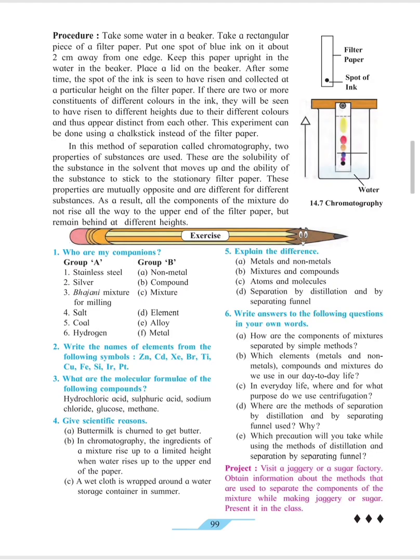At the same time, when the ink travels upward, it takes the colors which have different densities. The color which is more soluble will travel faster upwards, and the color which is not as soluble will remain in the lower position. Let's see this method of chromatography with the help of the video now.